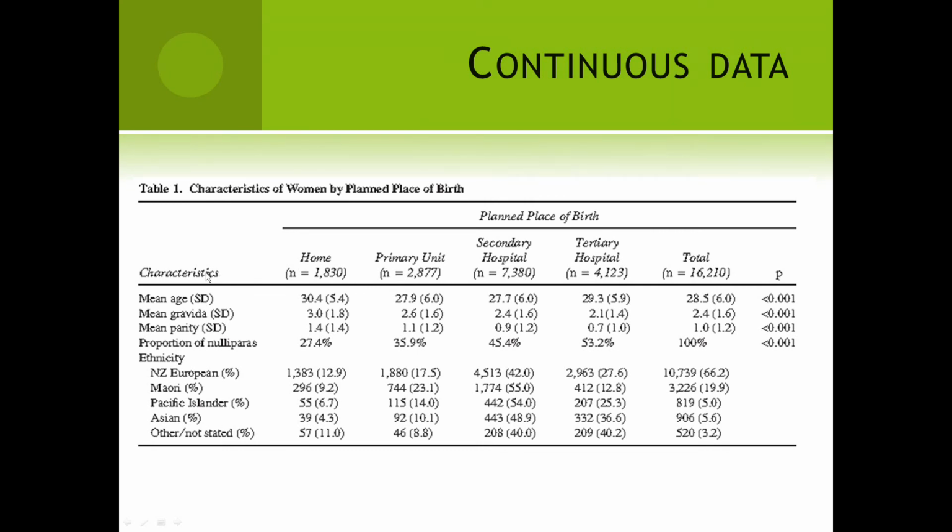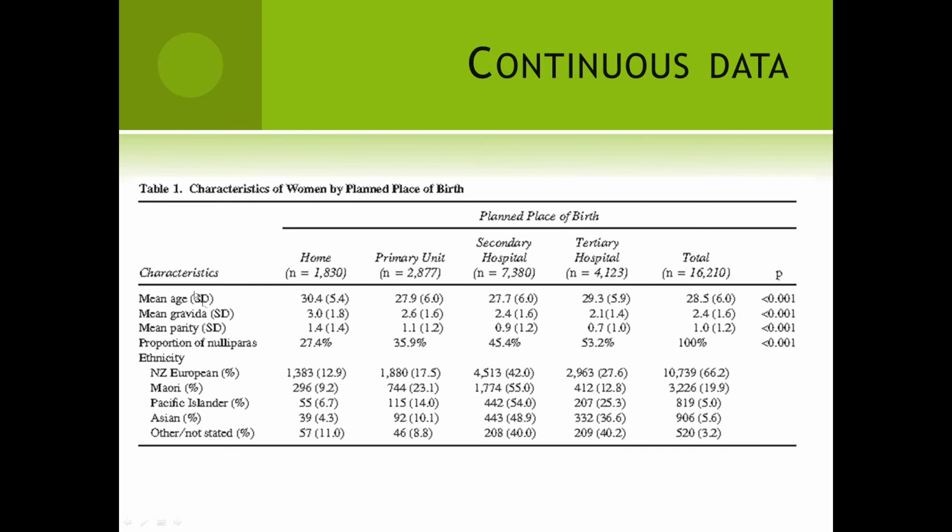In the characteristics over on the left hand side, the first line down, we have mean age. So this is presenting the mean age of women in these different groups. You can see that the mean age of women planning a home birth in this study was 30.4, which is a little bit older than the women planning to have their babies in other sorts of settings.